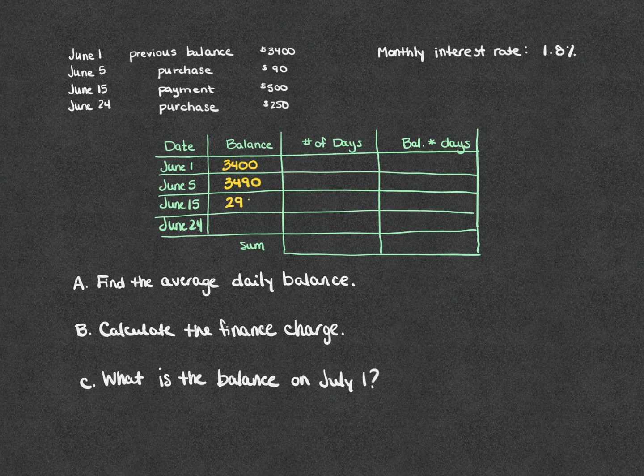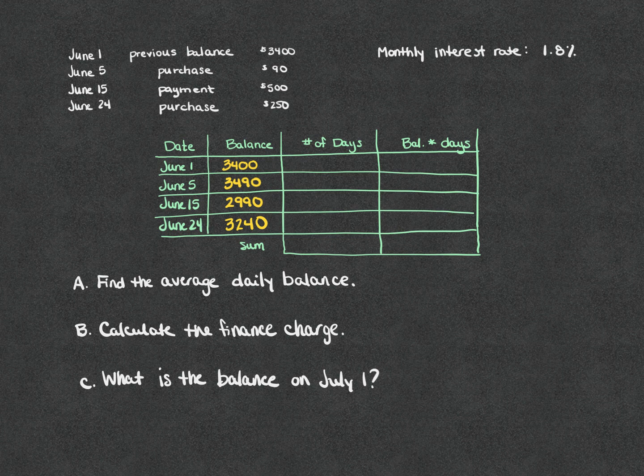So now the balance due is $2,990. And then on June 24th, you made another purchase for $250, which again raises the amount that you owe the credit card company. So adding that $250, we now find the balance is $3,240.